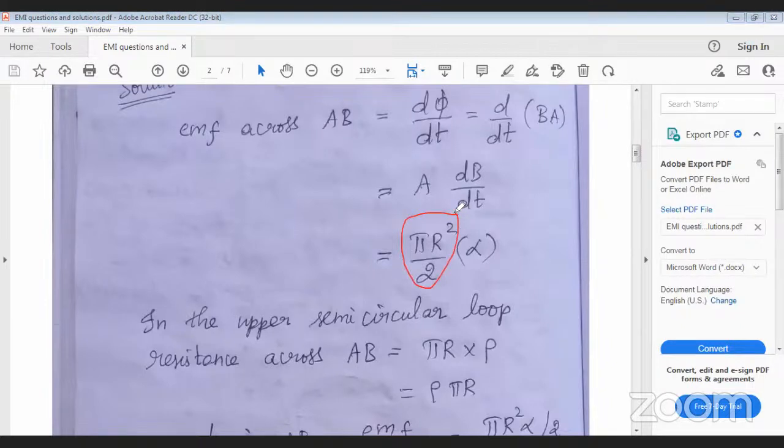Now in the upper semicircular loop, we need to find out the resistance across this AB. The resistance is calculated using resistance per unit length into half of the circumference, because we are considering only the upper semicircular loop, which is half of the circle.